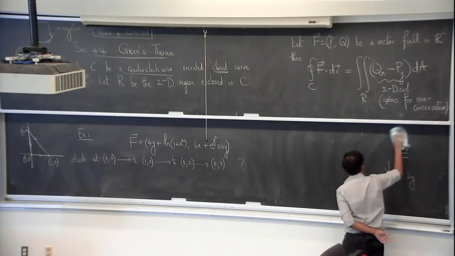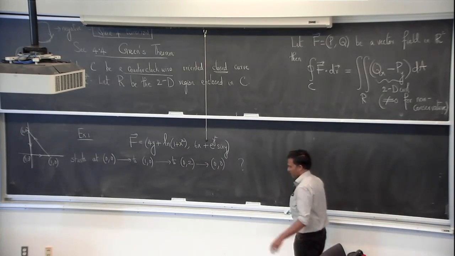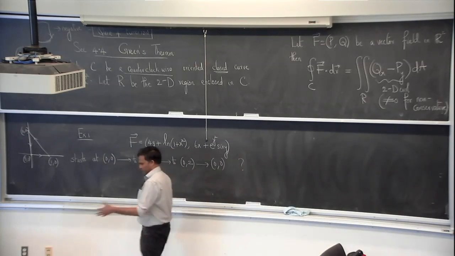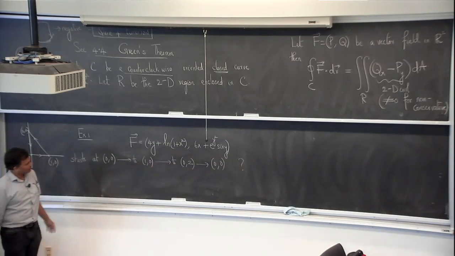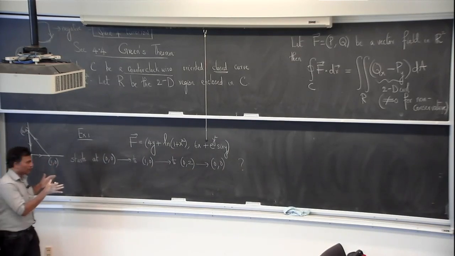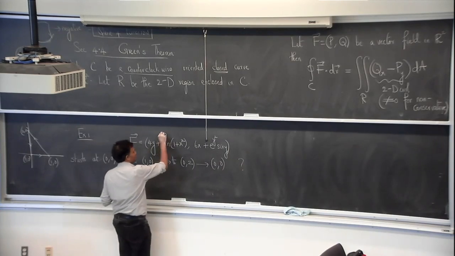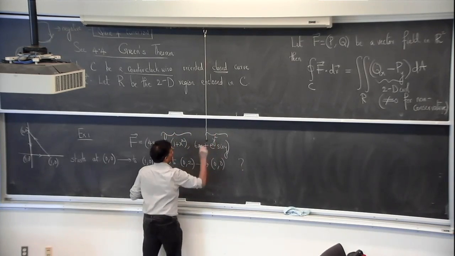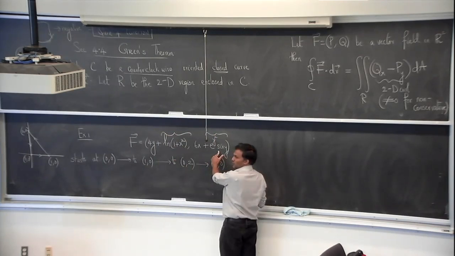Now here is something to remember for the next few lectures. It's a pretty short semester at this point. Whenever we see these bad terms, there should be something in the problem to get rid of those things. This is usually a hint. These are really bad terms. Nobody wants to integrate these terms.